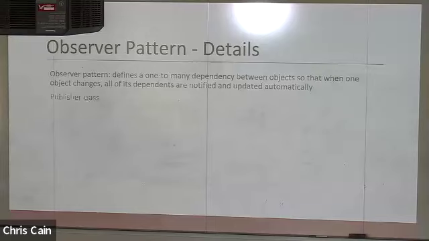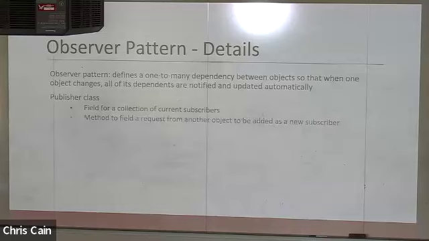So the publisher class has a single field that is a list of all of the current subscribers. Some kind of list, could be an array list, could be a linked list, who knows, some kind of list of the current subscribers. We also need some behavior, a way to field a request from some object that wants to be added to this list of subscribers.